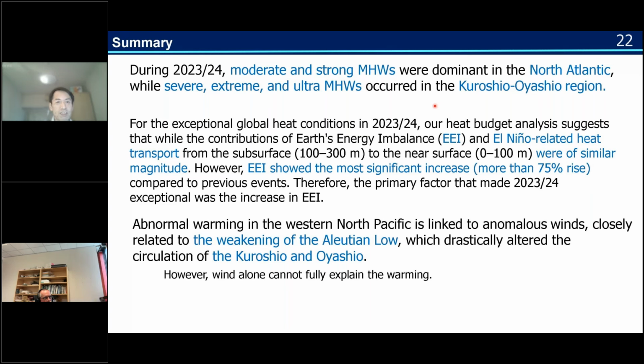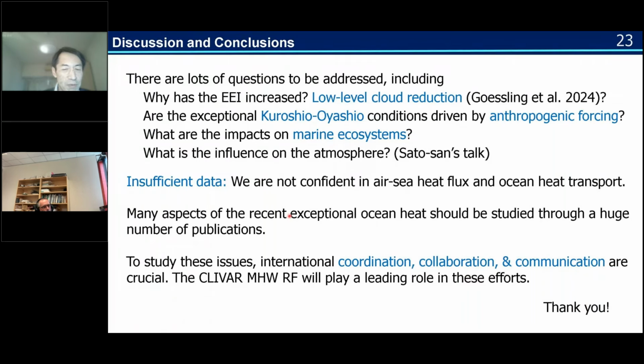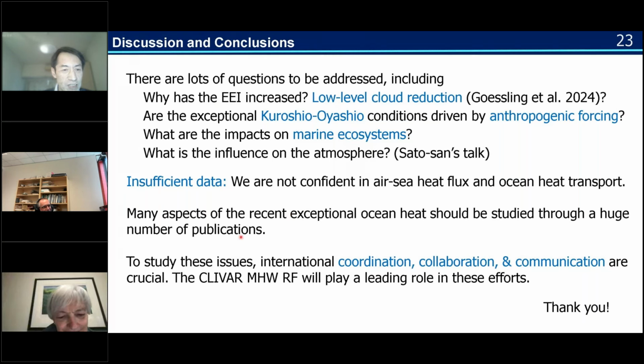So there are a lot of things to do, and many new studies are needed, with a huge number of publications for the 2023 and 2024 marine heat wave and also abnormal warming. To study these issues, international coordination, collaboration, and communication are crucial. The CLIVAR Marine Heatwave research focus will play a leading role in these efforts. Thank you very much for your attention.